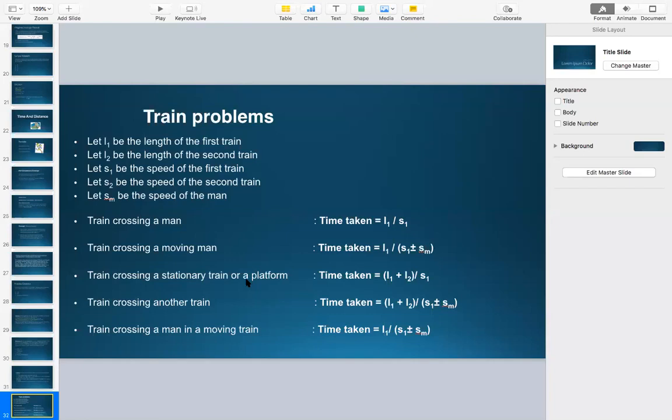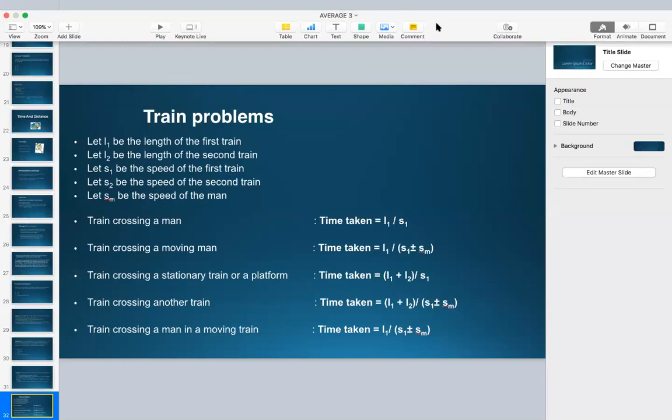So what happens in that scenario? In that scenario, the time taken by the train to cross another train is equal to the length of the two objects, the length of the two trains, divided by the relative speed.